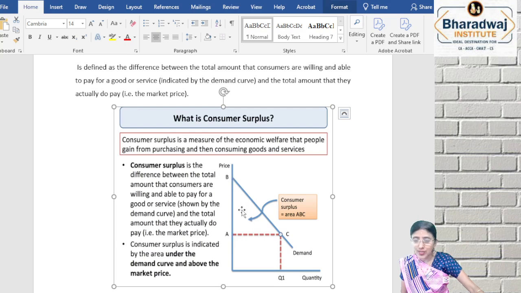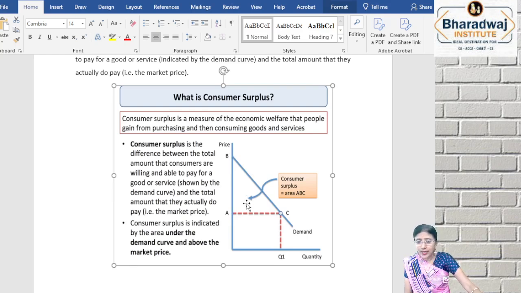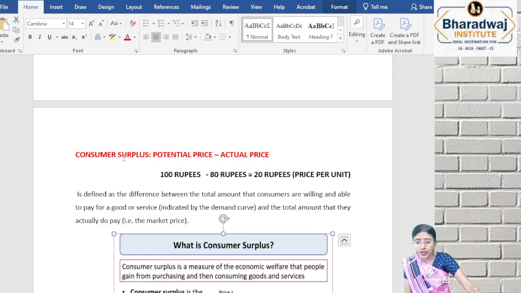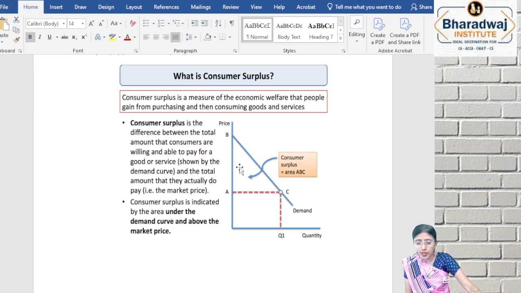So this gap is consumer surplus. Able to follow? Yes? Highlight that difference. This is very important. Okay, study these two very well. Look at the graph. Which portion is consumer surplus? Noted. Because OBCQ1 is the price you are willing to pay. OACQ1 is the price you actually paid. So this is consumer surplus.